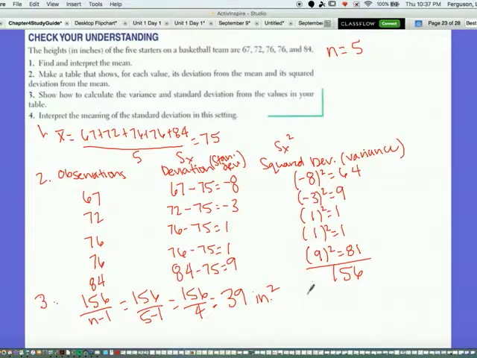Our standard deviation for this entire set of data would be the square root of the variance. So the square root of 39 is 6.24 inches.